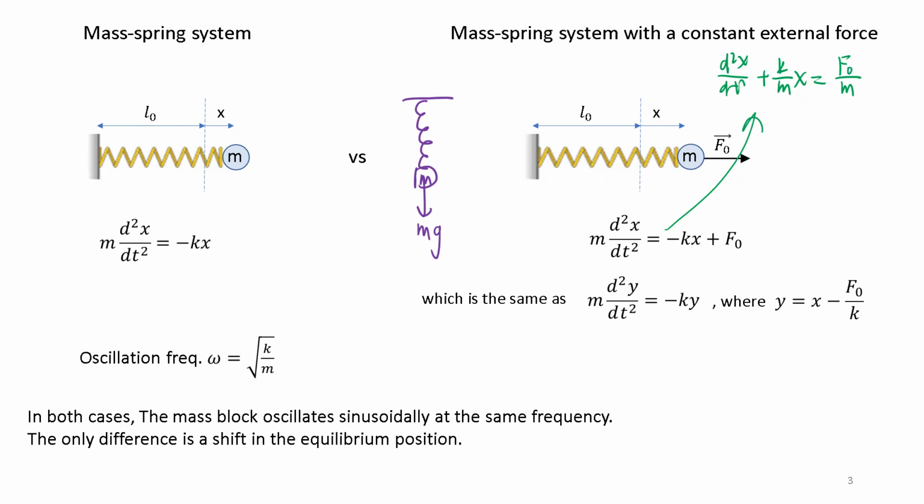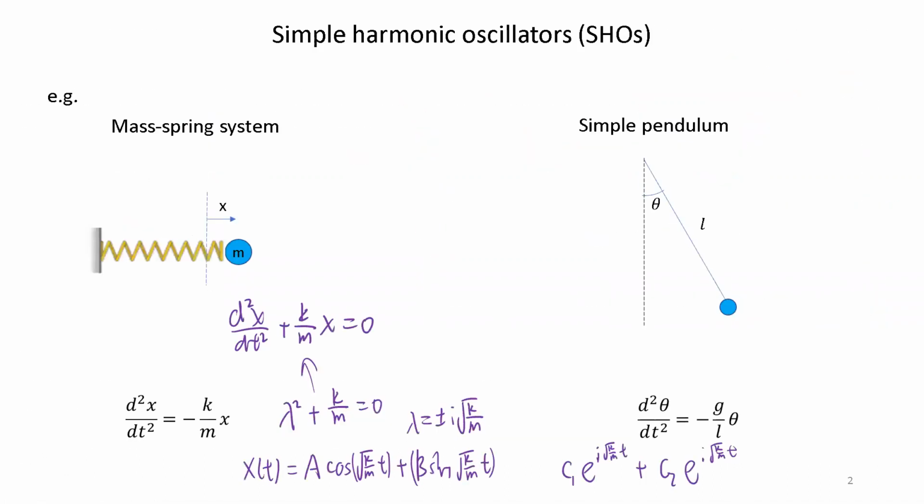Okay, now let's get to the so-called coupled harmonic oscillator. Coupled harmonic oscillators really means that I have two or even more harmonic oscillators connected to each other.